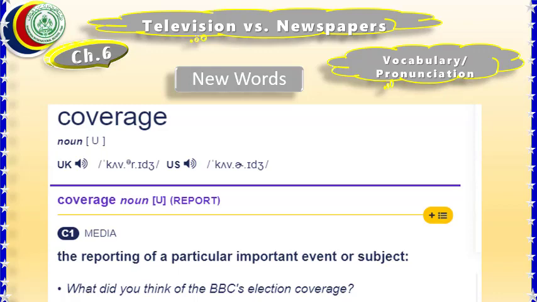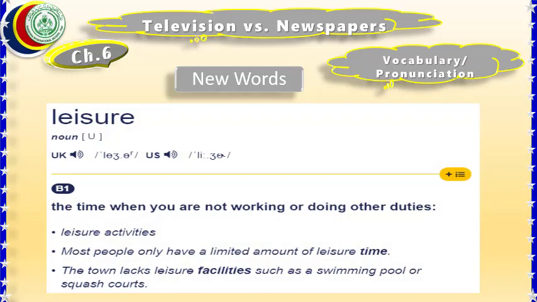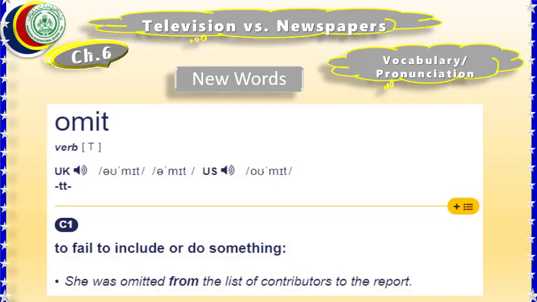This is coverage. Coverage means the reporting of a particular important event. Distinct means clearly noticeable. Leisure is the time when you are not working or doing other duties. You are free. Omit.